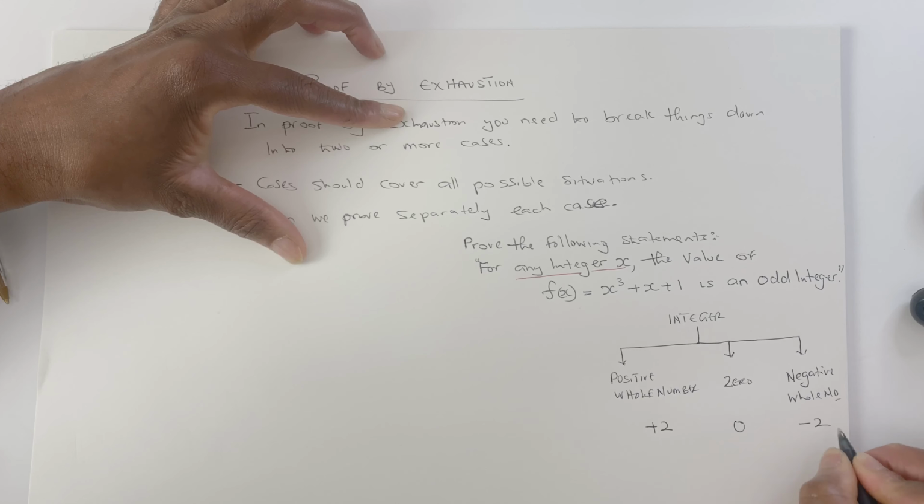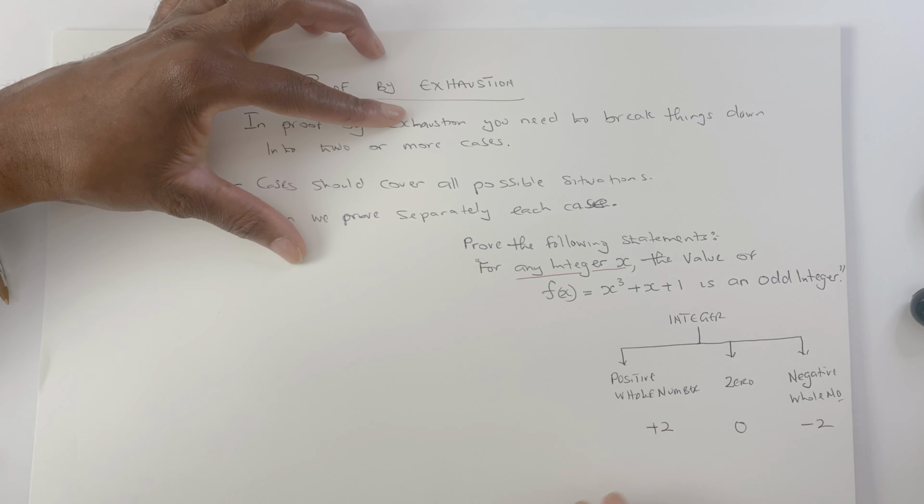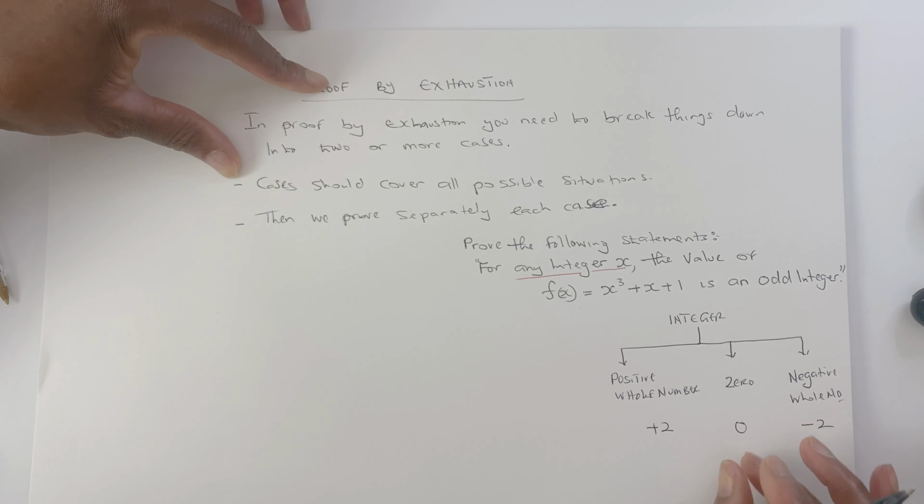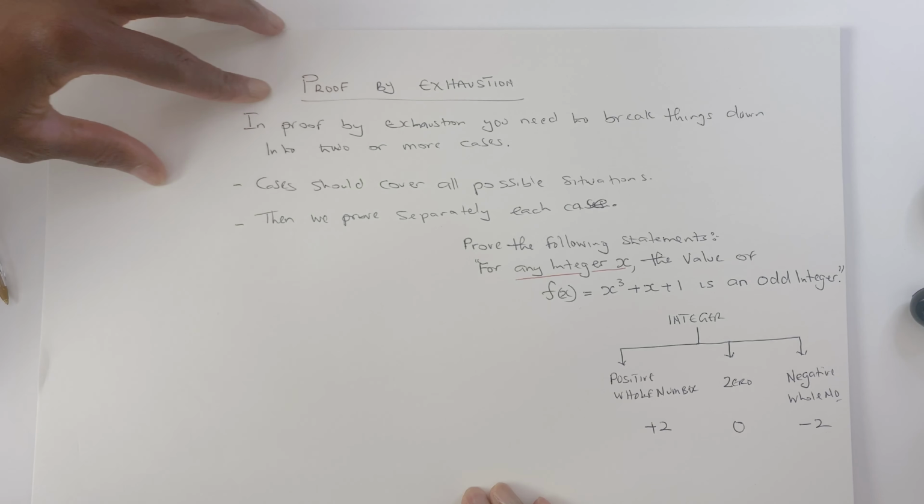So an integer is a positive whole number, 0, or a negative whole number.